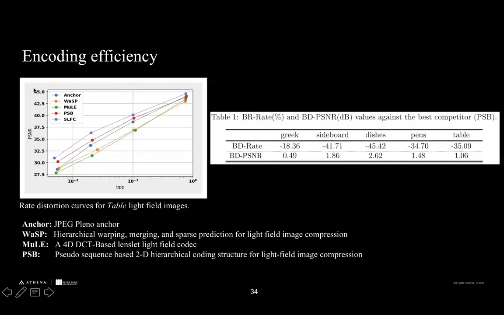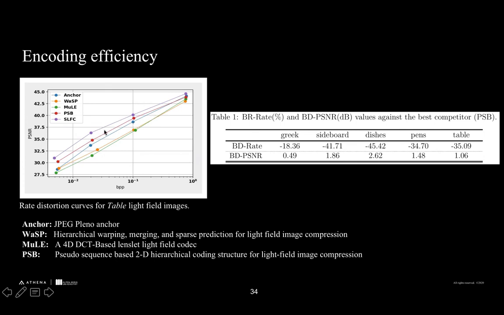Here we compare the encoding efficiency of SLFC with some state-of-the-art methods. We use Anchor of JPEG Pleno, WASP, MuLE, and PSP for comparison. And we can see, for example, for the Table light field image, that SLFC outperforms all state-of-the-art methods in terms of encoding efficiency.